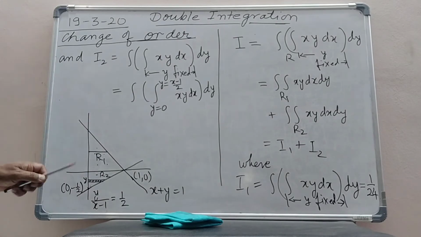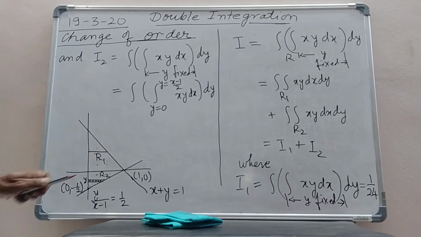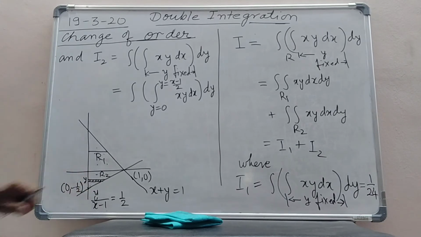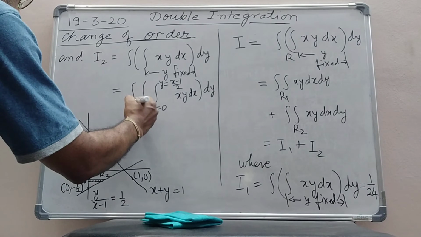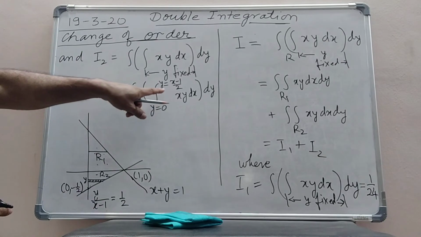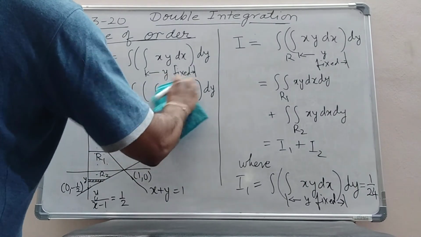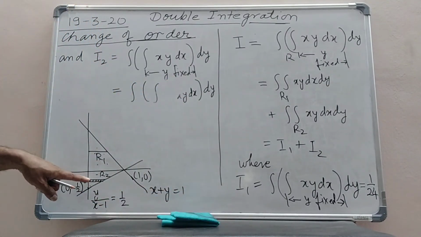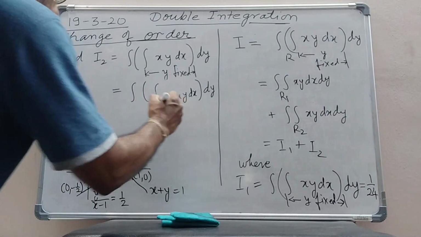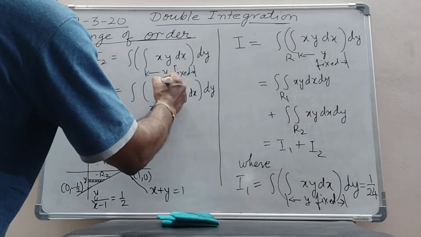Alright, so the integration has been carried out over this strip, but then I have to do it over all of R2. So I need to fill R2 with all strips of this kind. The lowest position of this strip will correspond to this particular point, which will give me x is changing, so the value of x at the leftmost point is x equal to 0, and at the rightmost point the value of x is 2y plus 1.